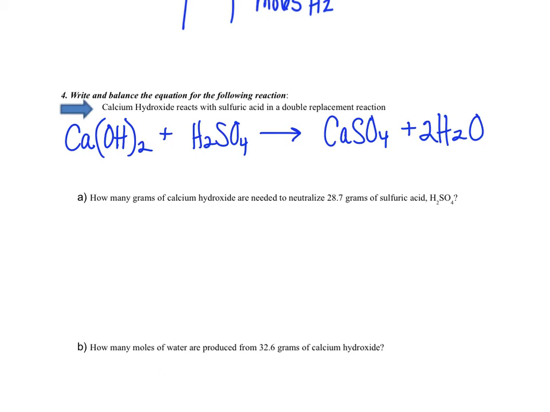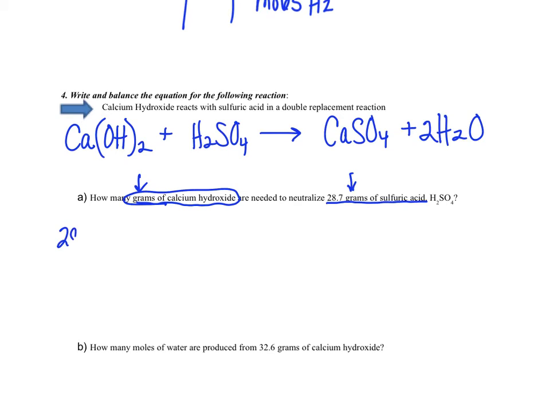So this one says how many grams of calcium hydroxide are needed to neutralize this many grams of sulfuric acid. So it's a gram to a gram. These are the longer ones. This is the second type of problem that we worked on.